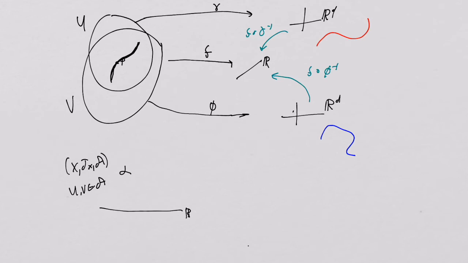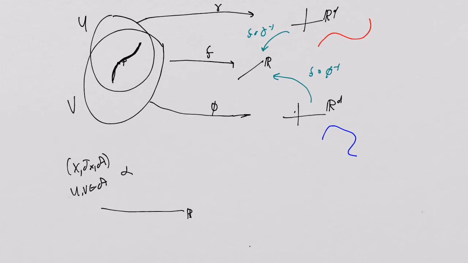Well, I'm going to start with rewriting the definition of my vector. So now I can call a vector, or a velocity vector, I can call it, say, x.